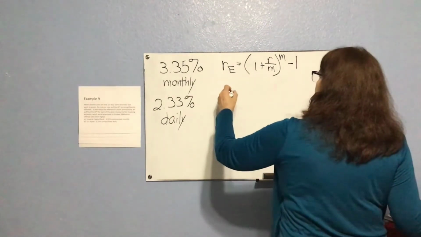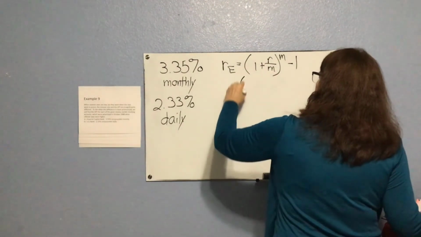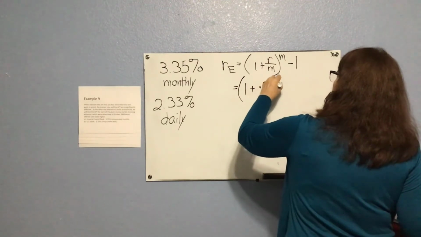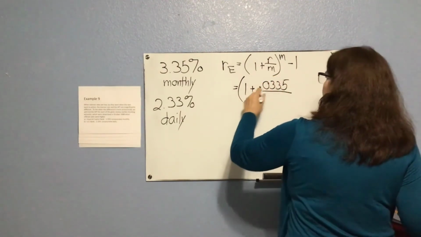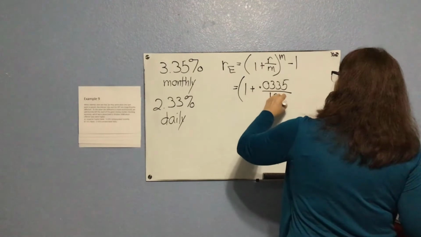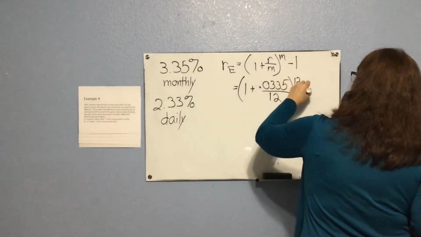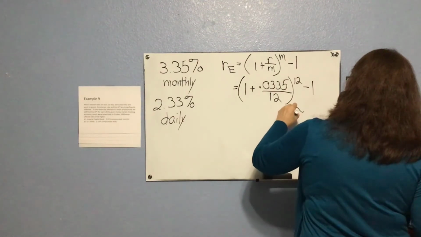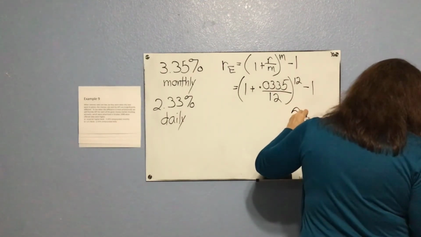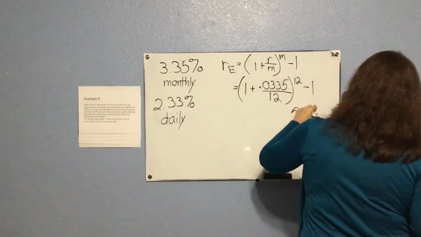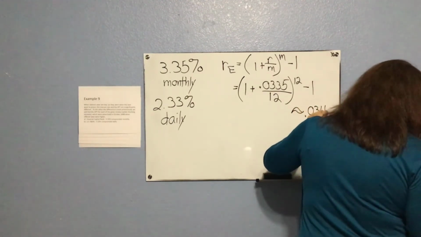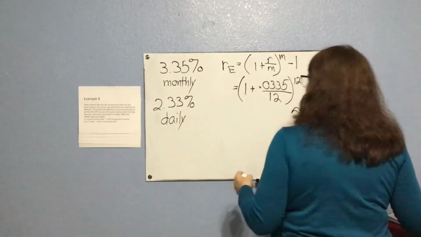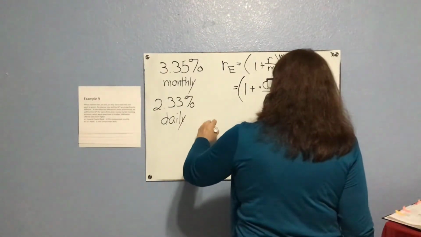So for the first one, we're going to have 1 plus 0.0335, compounded monthly, so over 12 to the 12th power, minus 1. And this comes out approximately 0.03419. Now for our second account, we do the same thing.